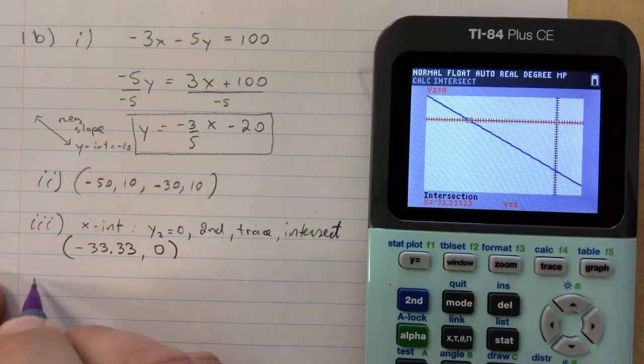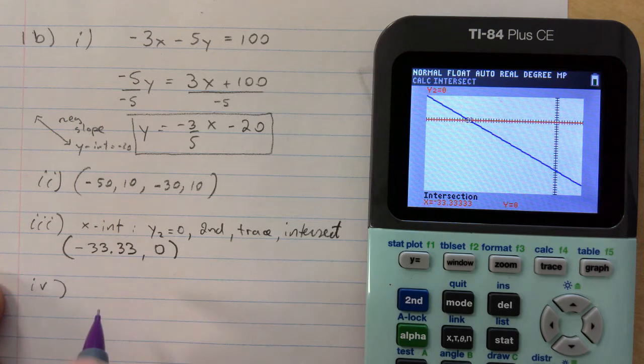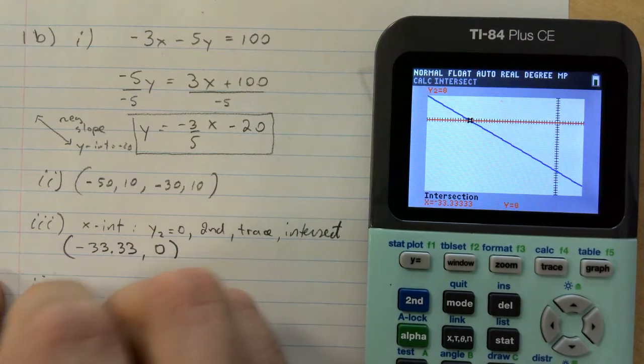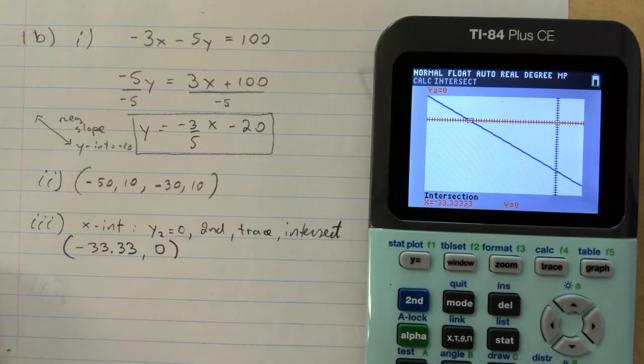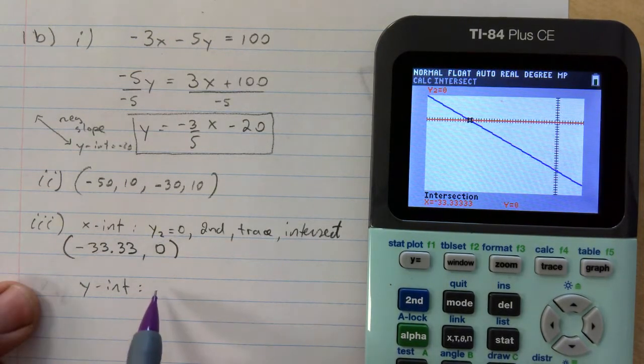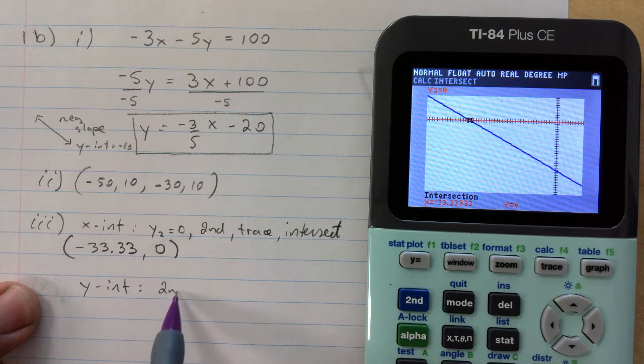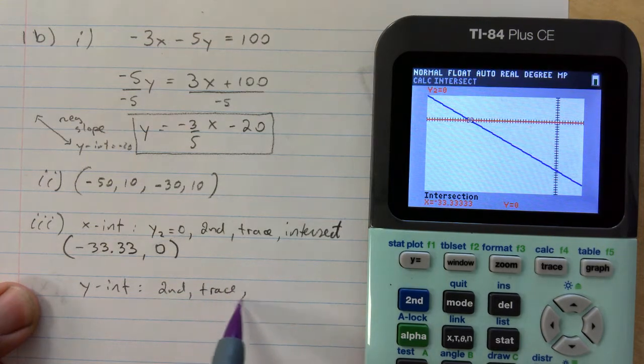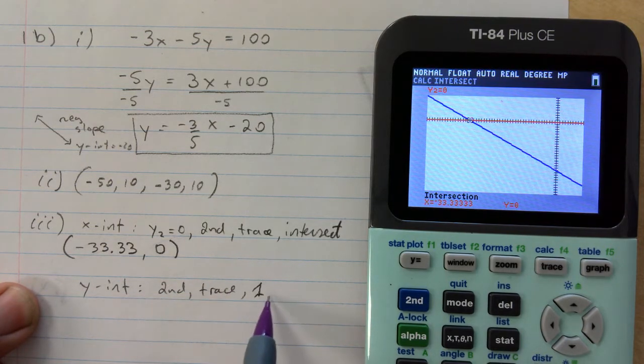The fourth point is when x is equal to 7. Oh wait, I didn't find the y-intercept. I'm trying to rush here. Y-intercept. When you do the y-intercept, you know what x is, right? So second trace 1, x is equal to 0.